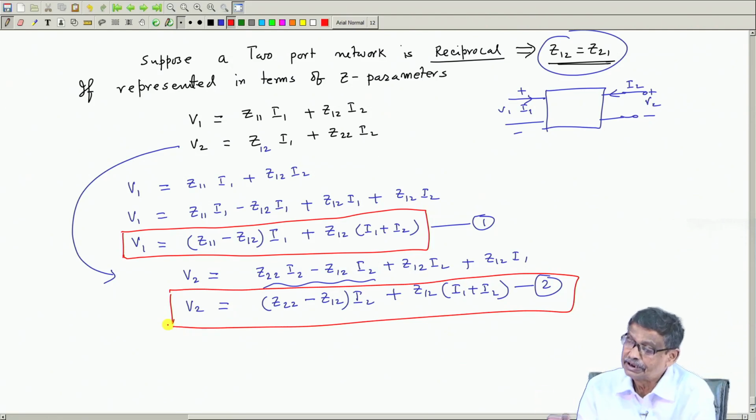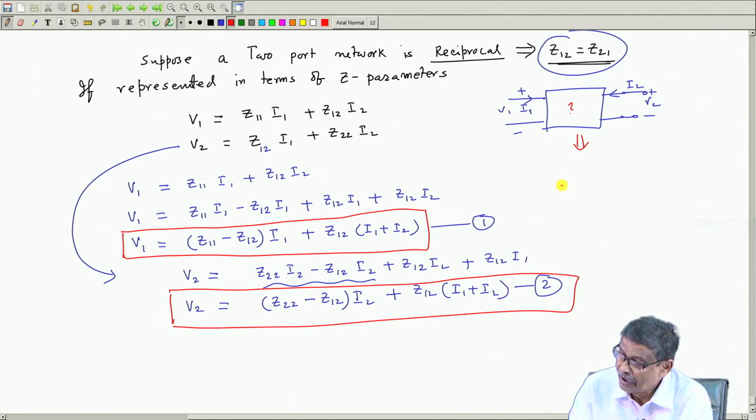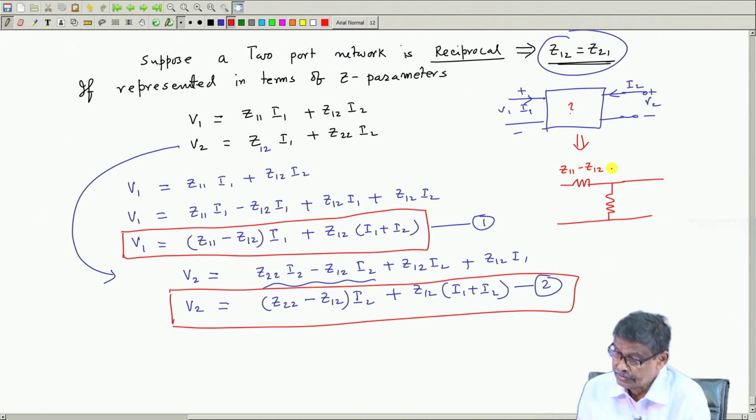Looking at these equations, I will say that inside this network, I can presume that the network is a T connected network with impedances Z11 minus Z12, Z22 minus Z12, and here Z12.